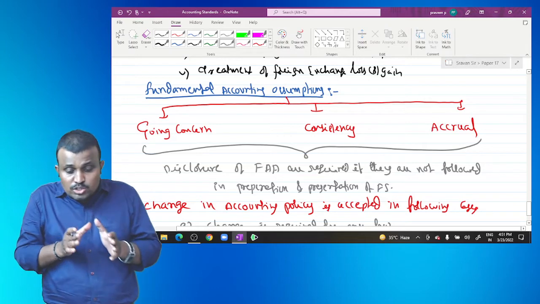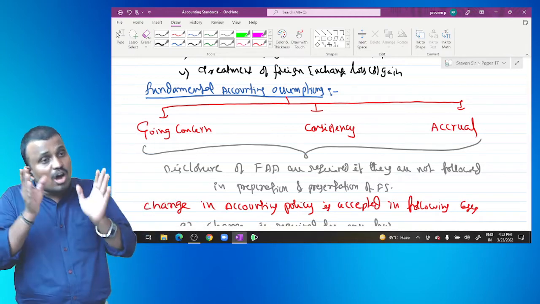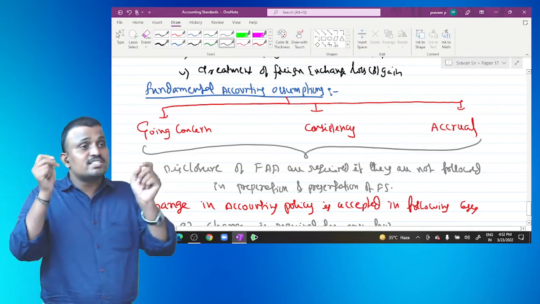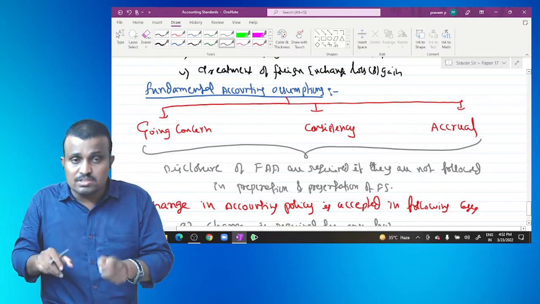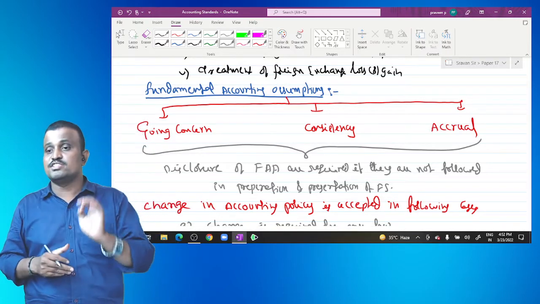So disclosure of fundamental accounting assumptions is not required if they are followed. The disclosure is required in the notes on accounts if they are not followed in the preparation and presentation of financial statements.